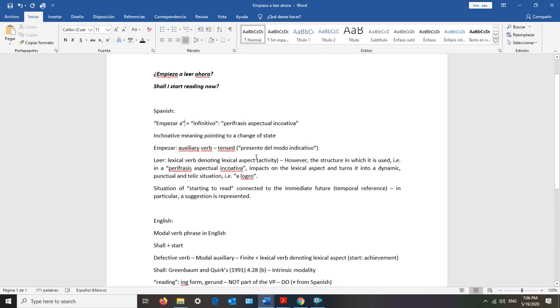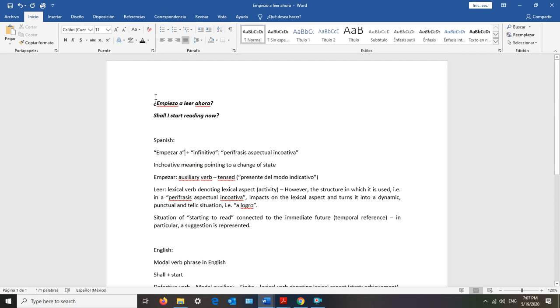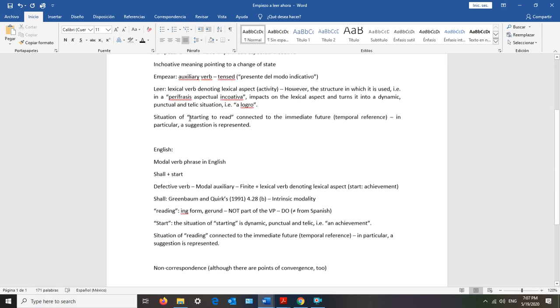Because in Spanish we have no direct object, but rather we have a verbal periphrasis that is made up of empezar plus leer, right? So leer in Spanish belongs to the VP. Reading in English does not, okay?